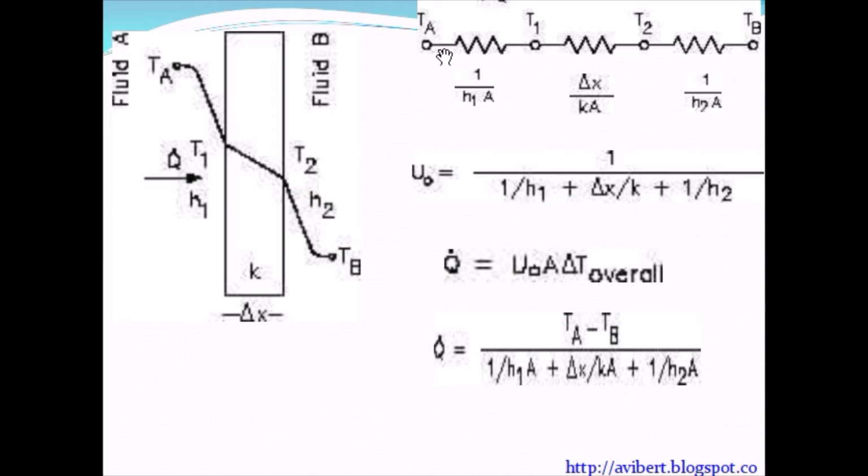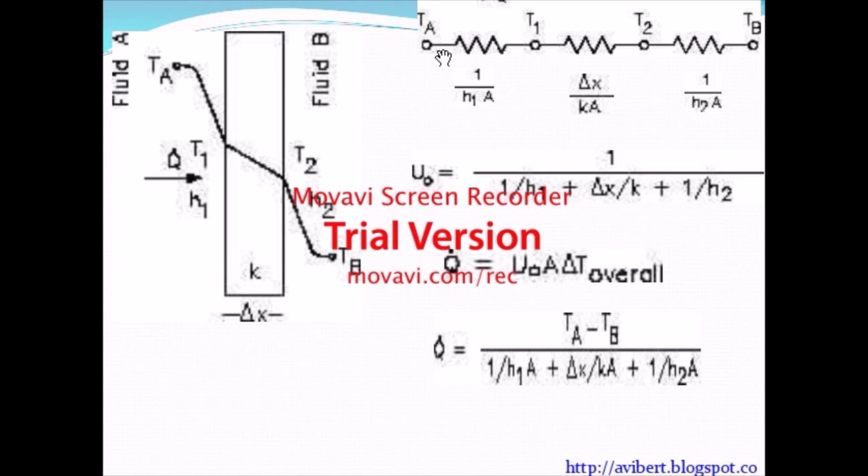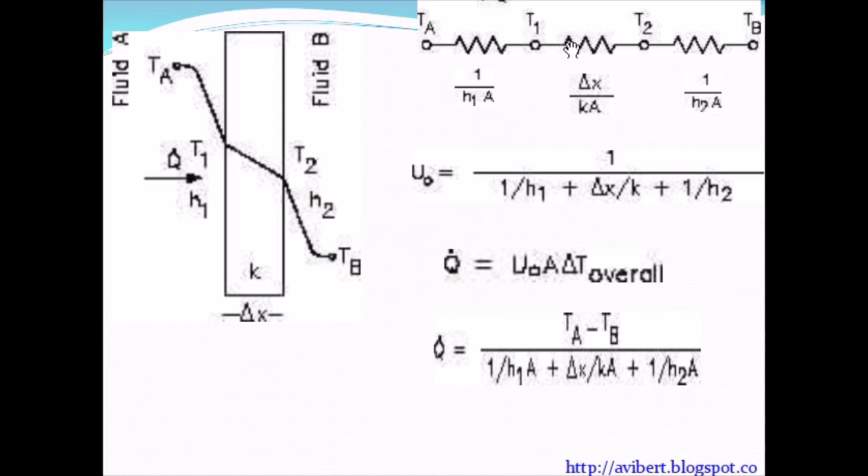So we consider the resistance to flow in the calculation. The condition can be described like this: this one is the inside of the tube, this is the wall of the tube, and then the outside of the tube.